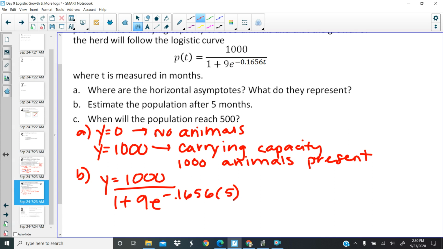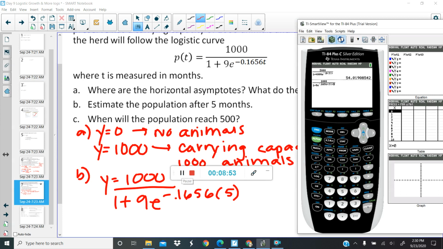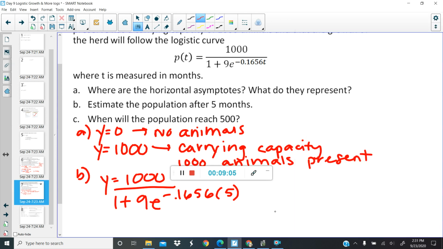And then I'm just going to type that into the calculator. So I've got it typed in, and then whenever I calculate it, it tells me there should be about 202.75 animals after 5 months. So I'm going to round that up and just say 203 animals.